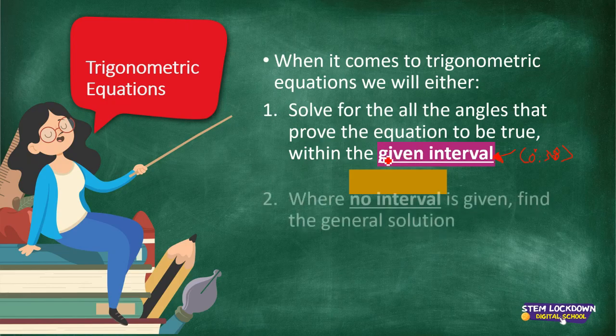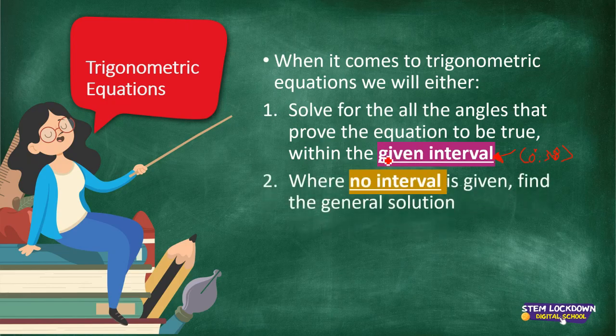In an instance where you don't have a given interval, where your numbers are allowed to run until infinity, meaning you could solve until you turn blue in the face, what we do there is we find a general solution. We don't write out specific degrees, we don't write out specific numbers as answers, we find a general solution.